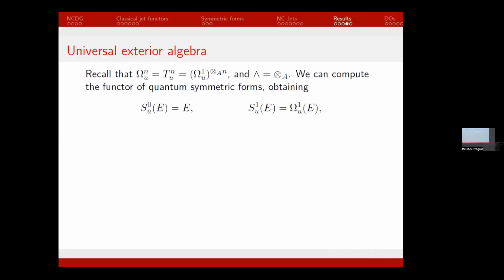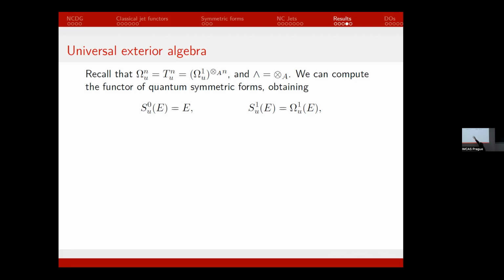And now, finally, we compute the information for the universal exterior algebra. So recall omega n is the tensor power of omega 1 with itself. Omega 1 is defined as the kernel of the product. And the wedge is just the tensor over the algebra. Okay. We can compute the various degrees.